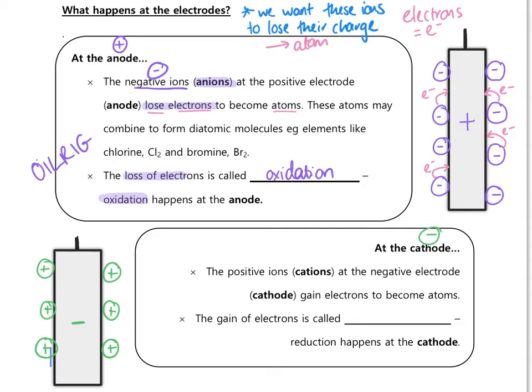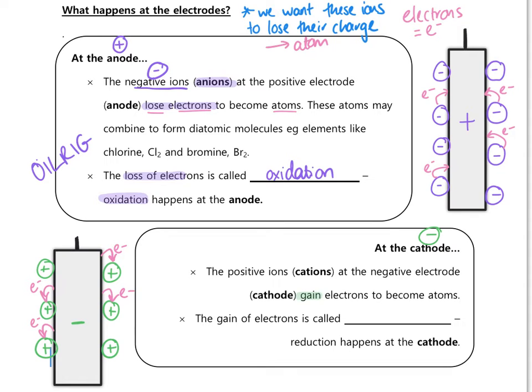So what needs to happen in terms of electrons? Well, remember, it's the opposite of what happens at the anode. If we want this to go back to an overall zero charge, it will need to gain negative charges. It will need to gain electrons. So at the cathode, these cations gain electrons to become atoms again.